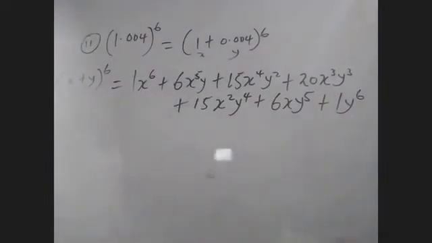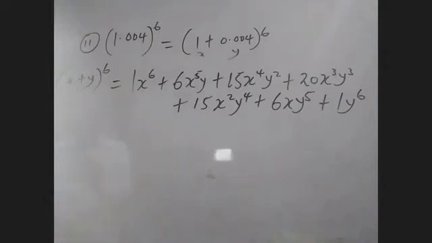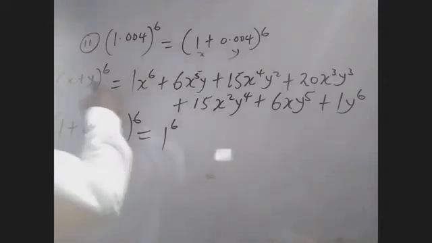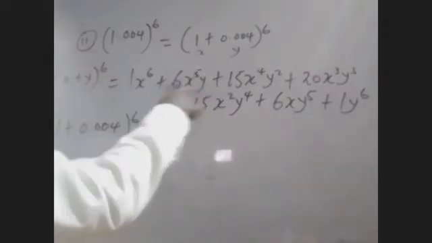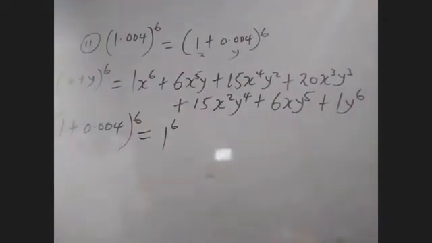But in this case, what we have here is 1 plus 0.004 raised to the power of 6. So this will be equal to 1 raised to the power of 6, which will also give us 1. Since we have the value of s to be 1, we are going to be concentrating on 6 and y, because if you bring 1 here, it's also going to give you 1.